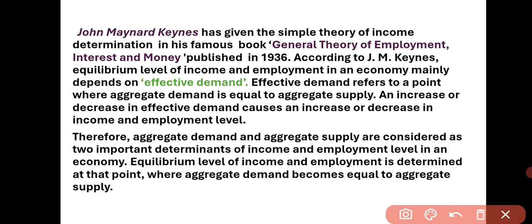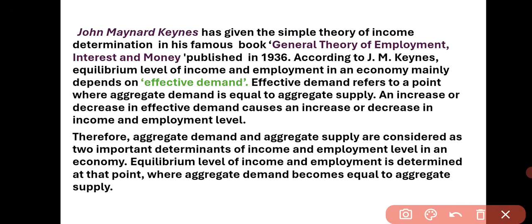Then an increase or decrease in effective demand causes an increase or decrease in income and employment level. When your effective demand increases, there will be an increase in the income and employment level in that economy. Inversely, if there is a decrease in effective demand, it will cause a decrease in income and employment level.